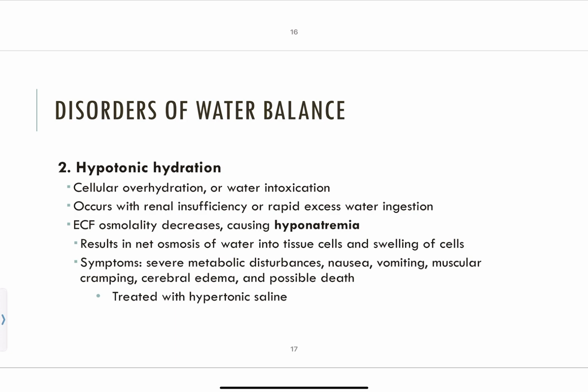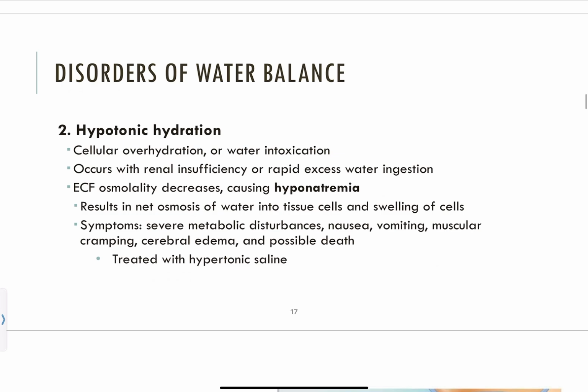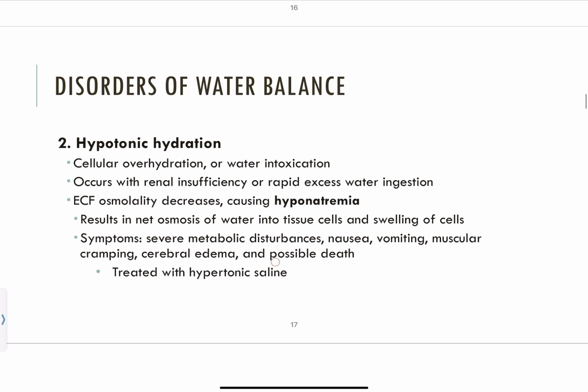So our sodium content is actually normal, but we've just diluted it so much because we've overhydrated ourselves. And what this can lead to is several metabolic disturbances because the concentration of sodium is not correct. So a lot of times you can treat it with hypertonic saline or something like this. And yes, sometimes it can even cause death.